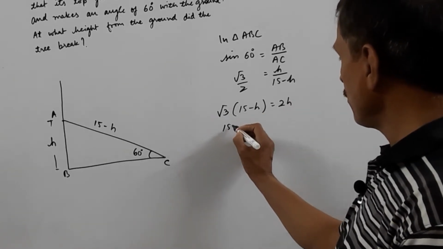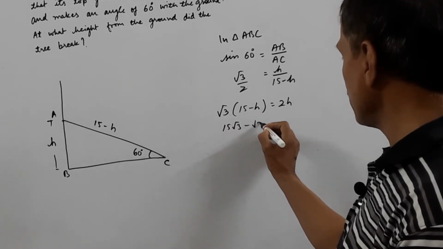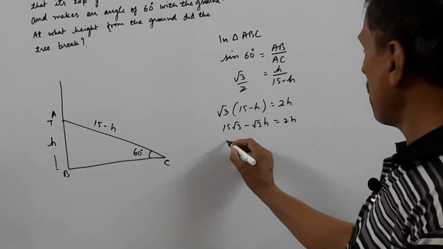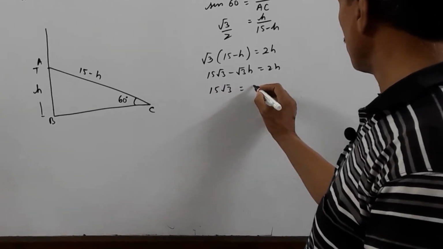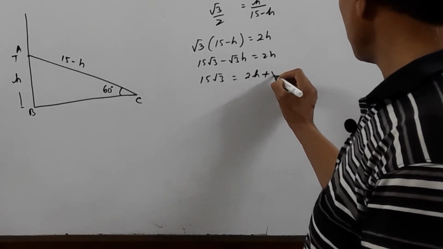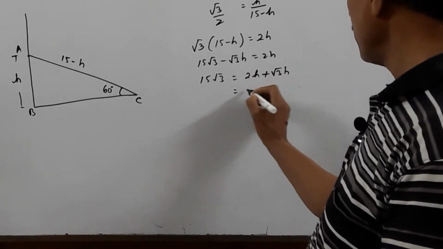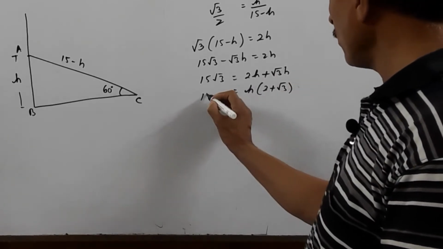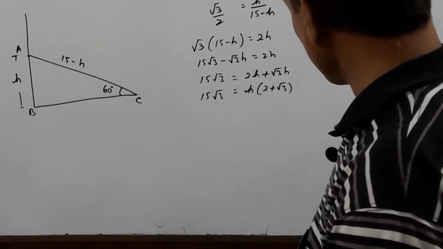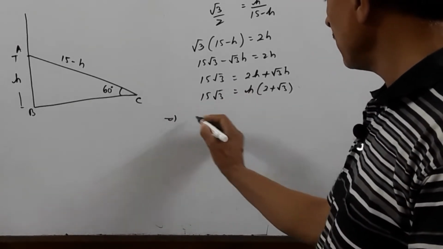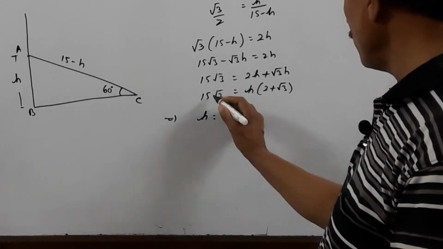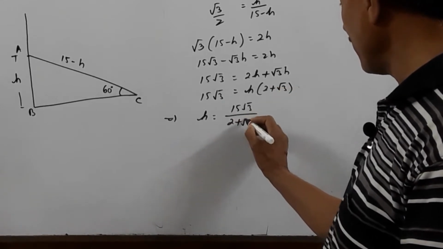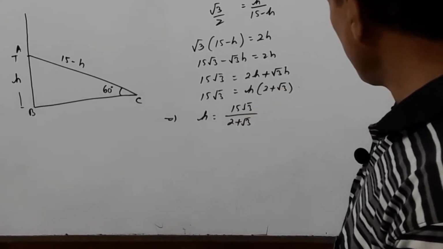Open the bracket. 15 root 3 minus root 3h is equal to twice of h, or 15 root 3 is equal to 2h plus root 3h. Taking h common, 2 plus root 3 times h is equal to 15 root 3. It implies that h is equal to 15 root 3 upon 2 plus root 3. Now we rationalize it.